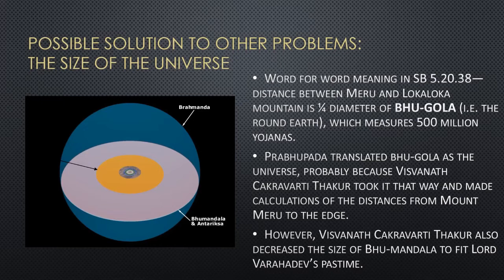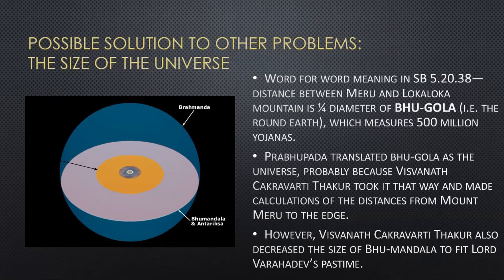pull it out. But Vishwanath Chakravarti Thakur noticed a problem here: if you have the Bhumandala be the radius of the Brahmanda, the universe, and it's perfectly aligned, then it will get stuck there, if it's exactly the diameter of the egg shell.